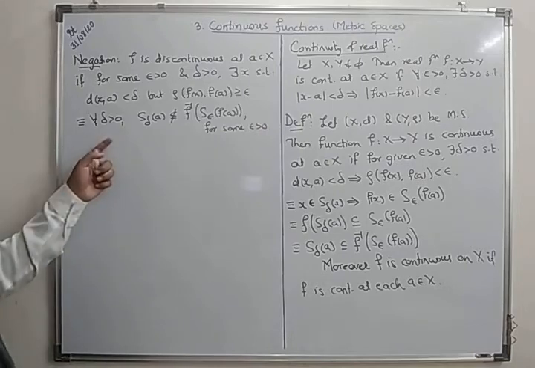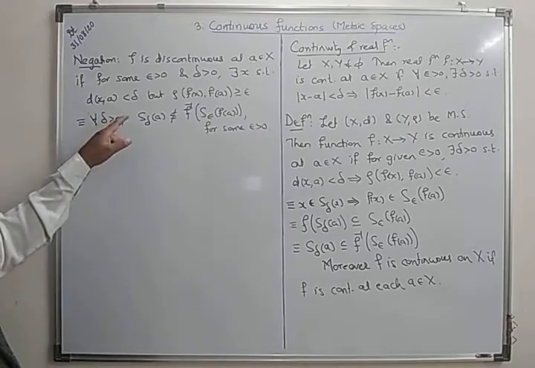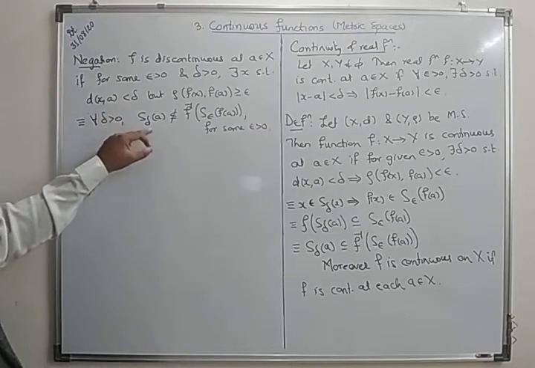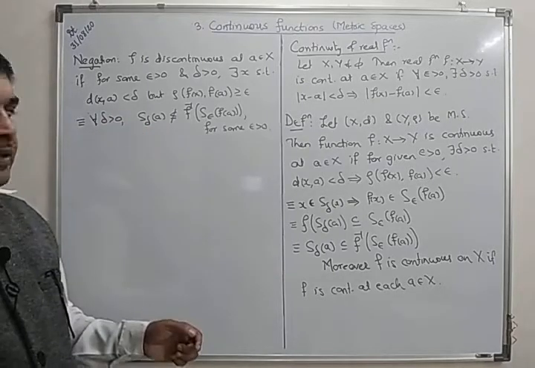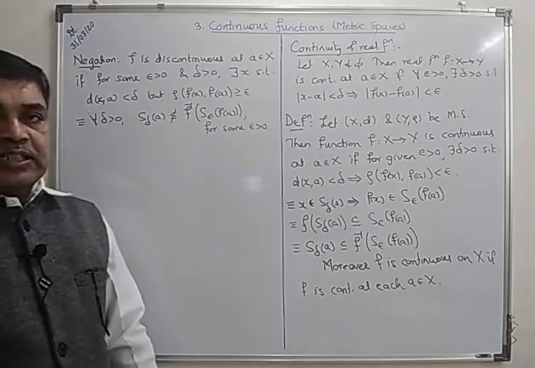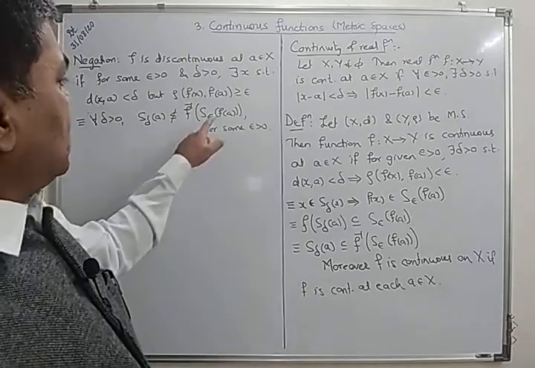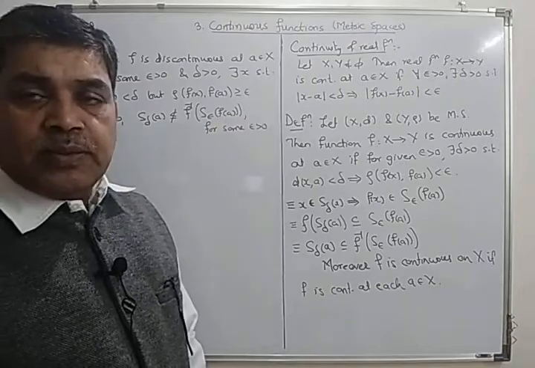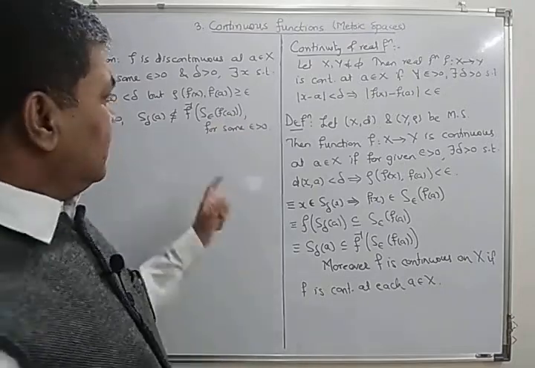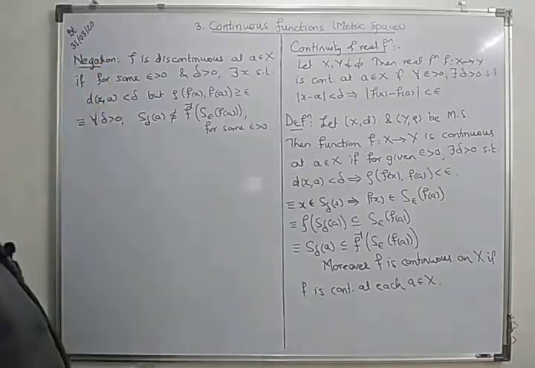F is discontinuous at A if I take any delta open sphere about A, it must not lie in the inverse image of some open sphere about f of A. Okay. In that case, that function is discontinuous.